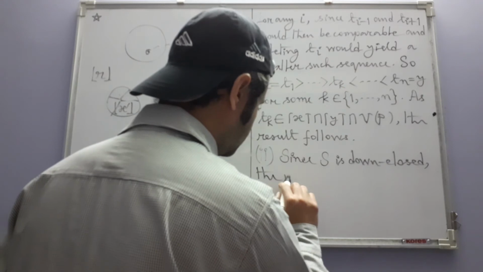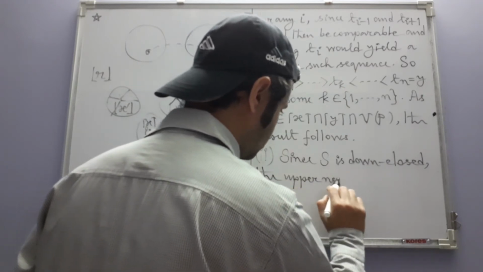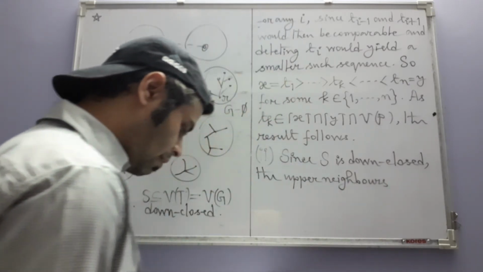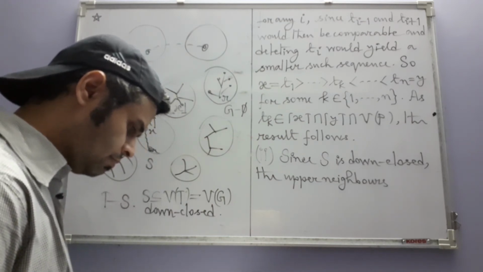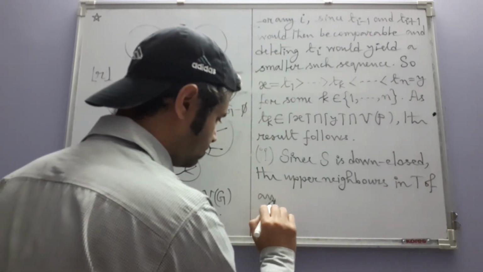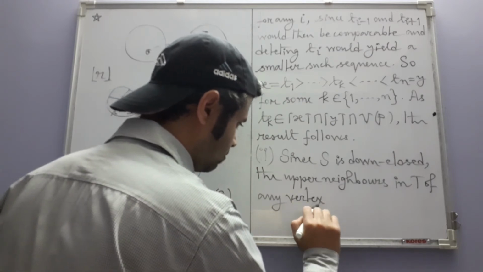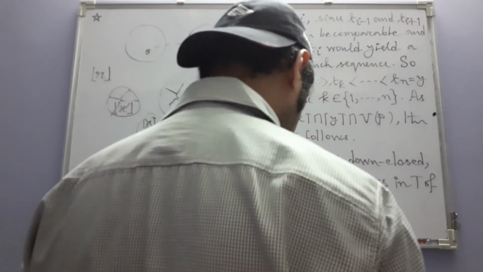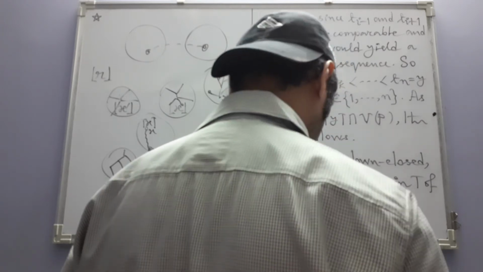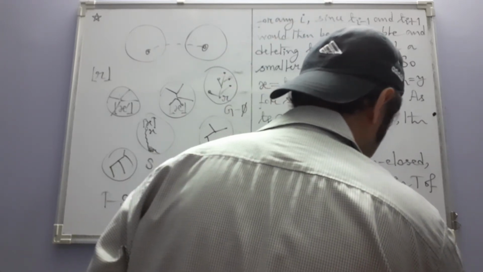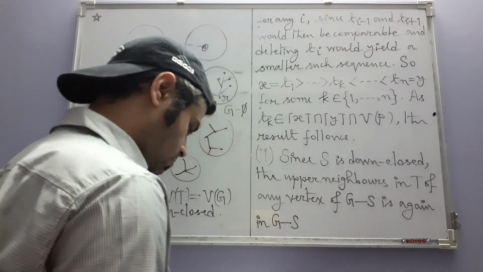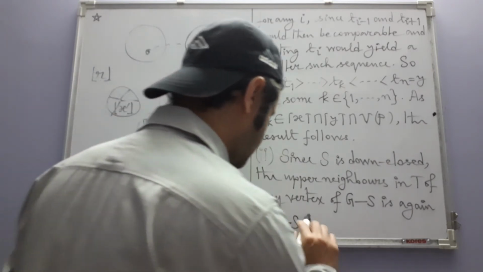The upper neighbors in T of any vertex of G minus S is again in G minus S. And clearly in the same component.